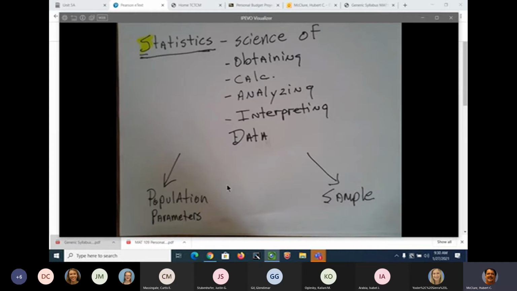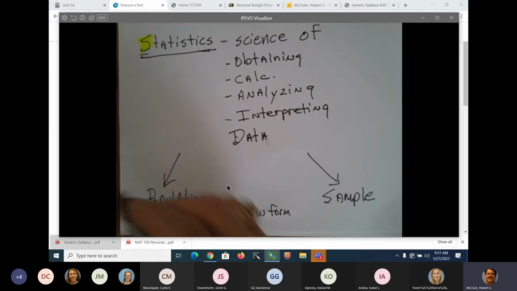And they usually are Greek letters. Two examples that you're going to see are mu and lowercase sigma. Mu looks like a cursive M with a long tail. I usually draw mine backwards.